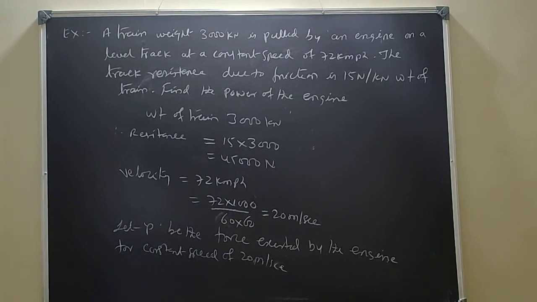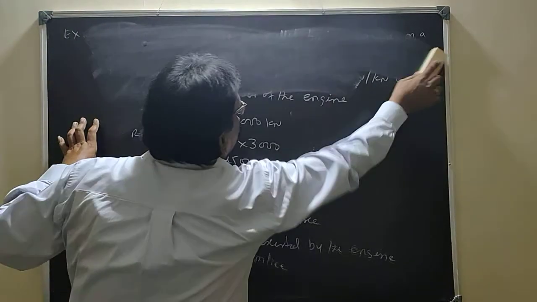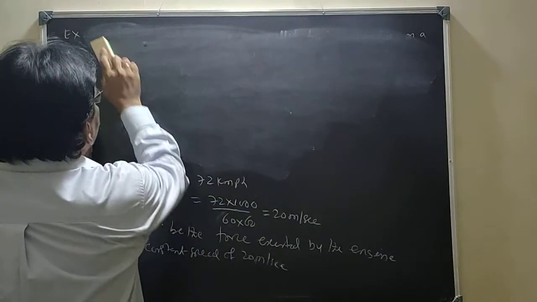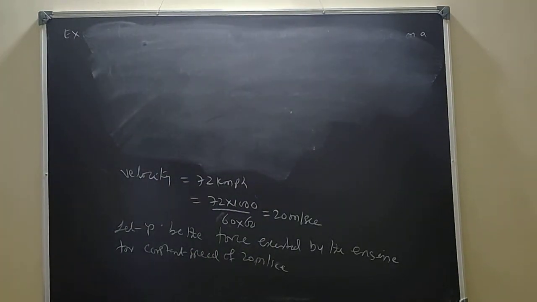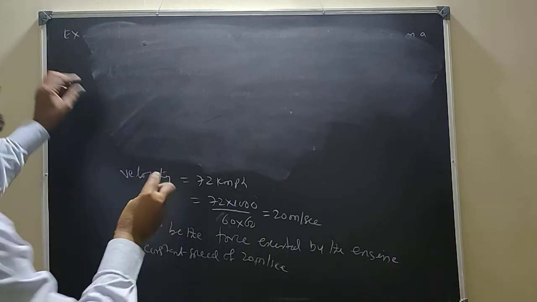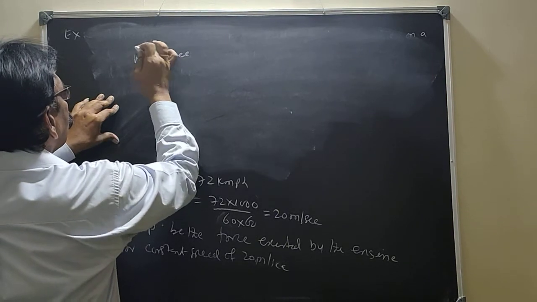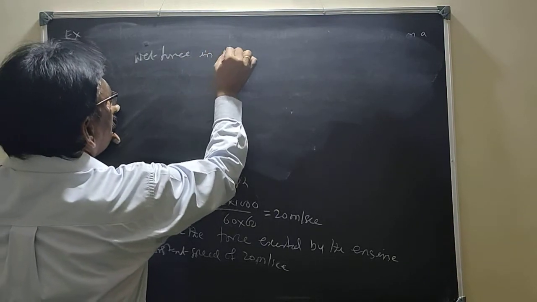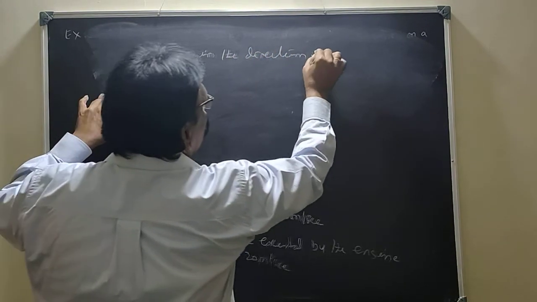That means the net force required in order to pull this train with the required speed, the net force in the direction of motion.